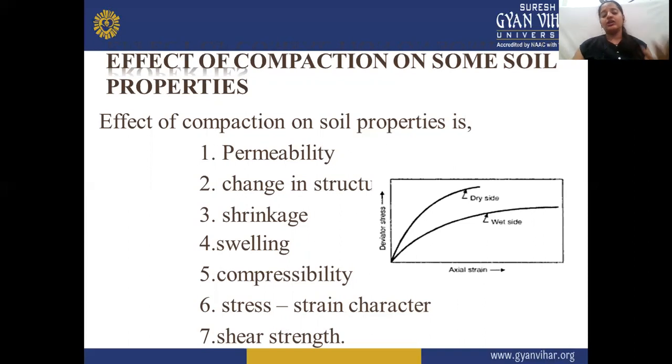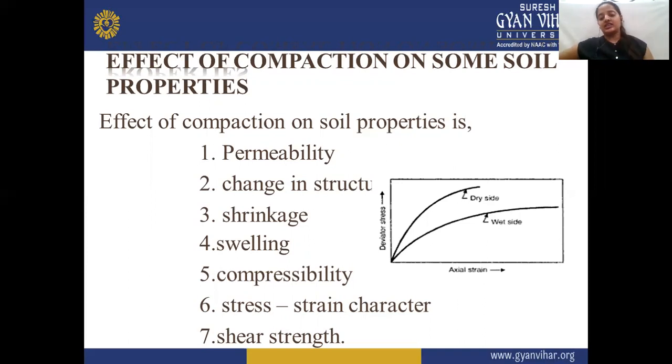Compressibility, again: when there is excessive void, the compressibility is extremely high, but with the reduction of voids, the compressibility of that particular soil sample is low. So compaction makes the soil less compressible. It makes it stiffer, and the movement of the soil particles is extremely less.